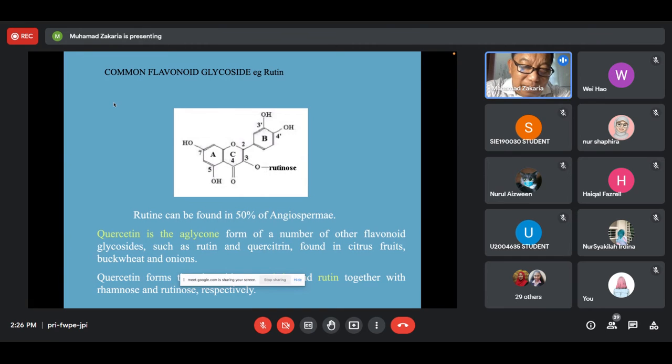So one of the plants that you can find that contains a lot of rutin is pokok gambir. Tahu pokok gambir? Uncaria gambir. Gambir.